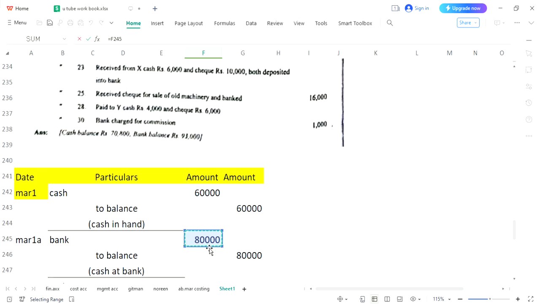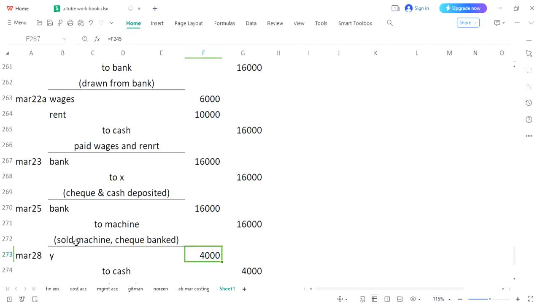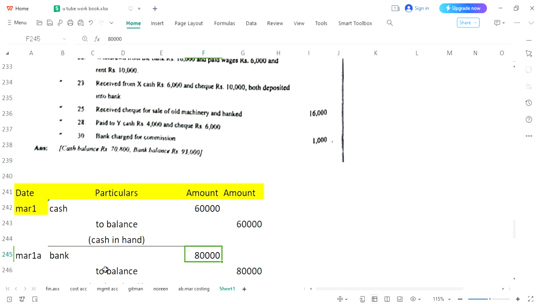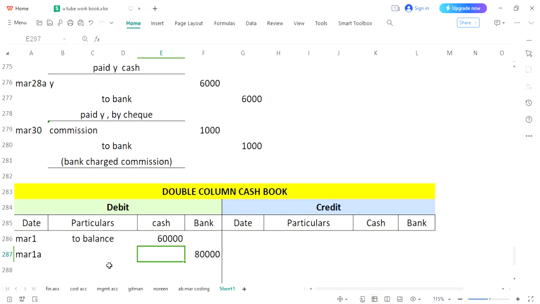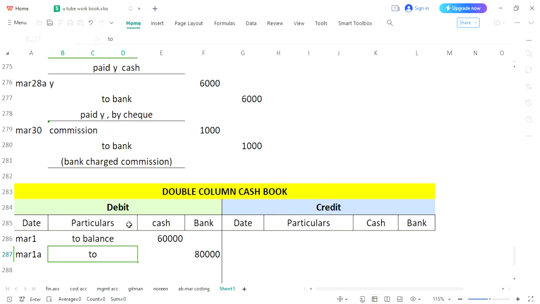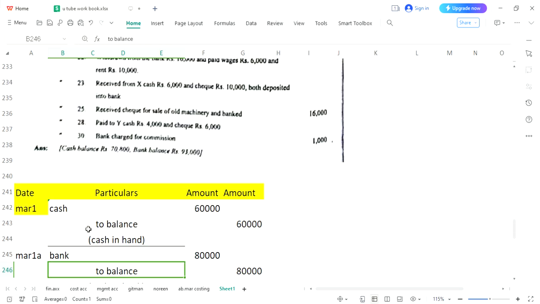Look at this, 8,000, bank is debit. We will write it over here, and you can see that on the opposite side balance is written. So you will write again to balance. The second entry has been completed. Let's mark it as done.